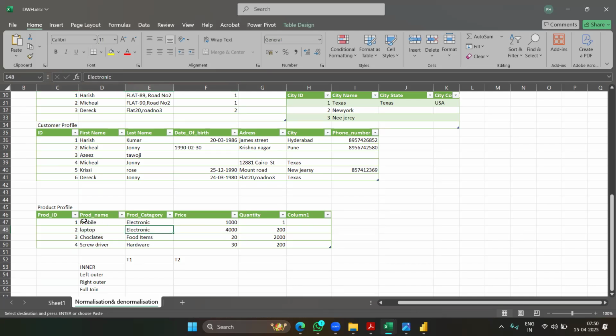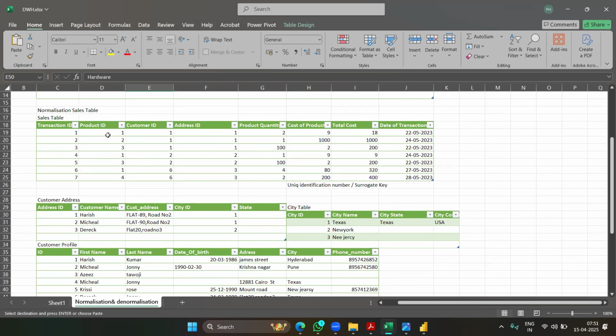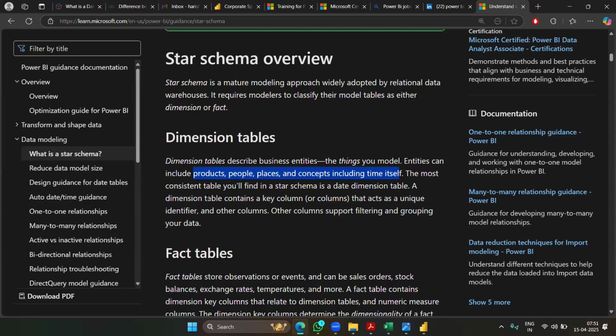These dimension tables are also used as filters. Say I want to filter the sales done for electronics items or hardware items. Then we can use these dimension tables for filtering. Similarly, the fact table is used for aggregating: what is the total sales, how many products are sold, the quantity, and so on.